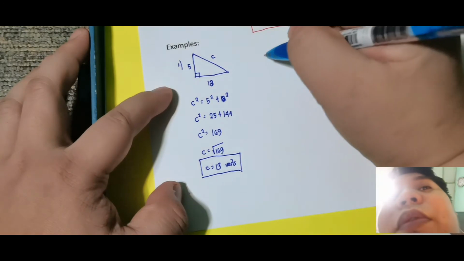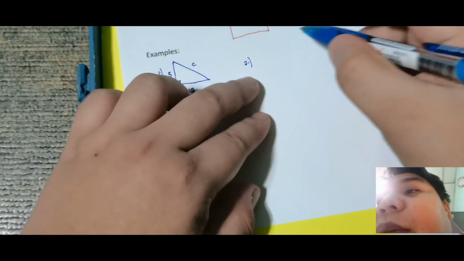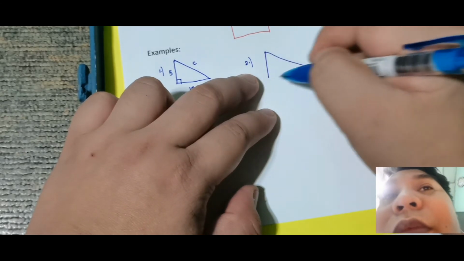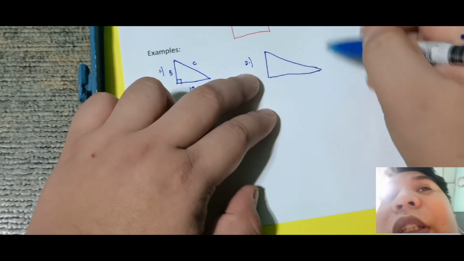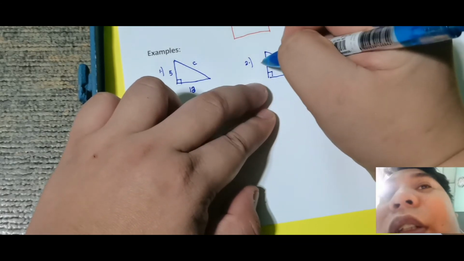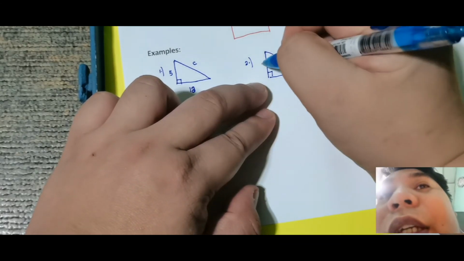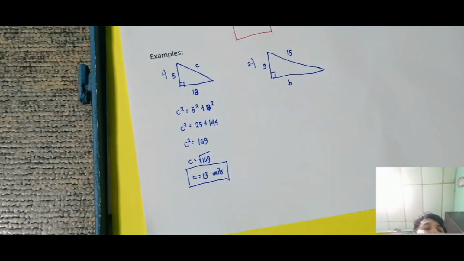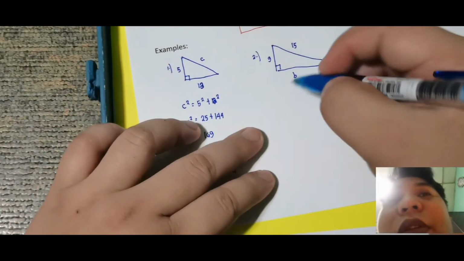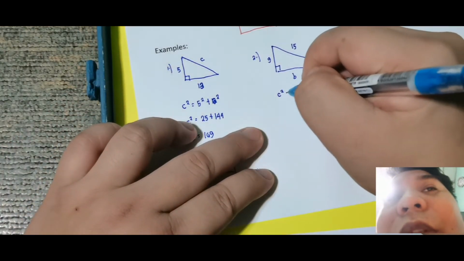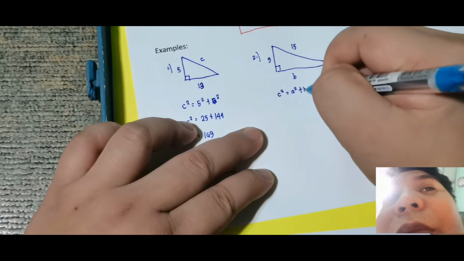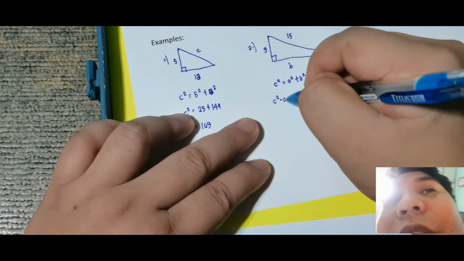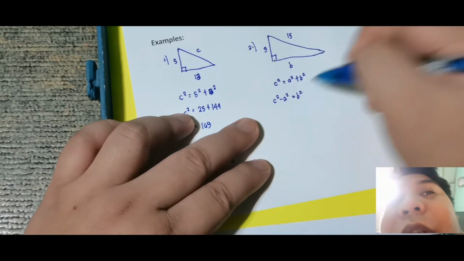Okay, next, number 2. Sorry sa mga example ni sir, masyado yatang madali. Let's say ito yan, for example si 9, tapos si 15 ang hypotenuse, ito si B. Napansin mo, nawawala si B. Mula sa C squared is equal to A squared plus B squared, magmamanipulate tayo: C squared minus A squared is equal to B squared.